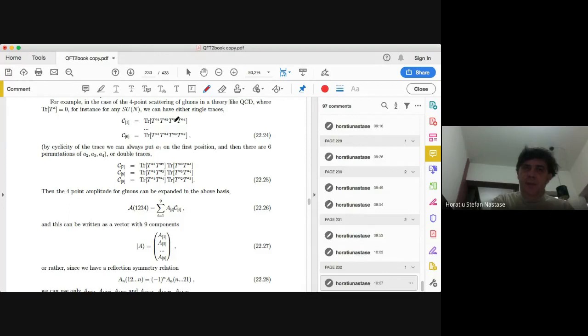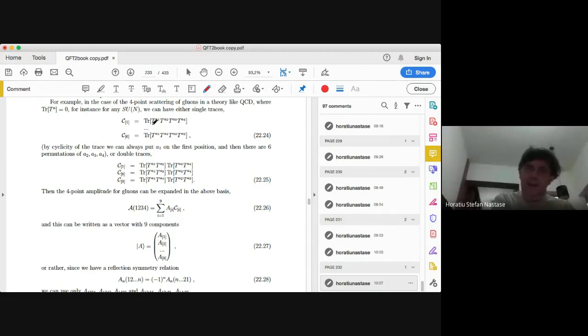One possibility would be to have 1 trace times a trace of 3 T^A's, but then the trace of a single T^A is 0, so that is not possible. The next possibility is to have a trace of 2 T^A's times a trace of another 2 T^A's. These are 3 color structures: trace(T^A1 T^A2) trace(T^A3 T^A4), and so on, with these permutations.